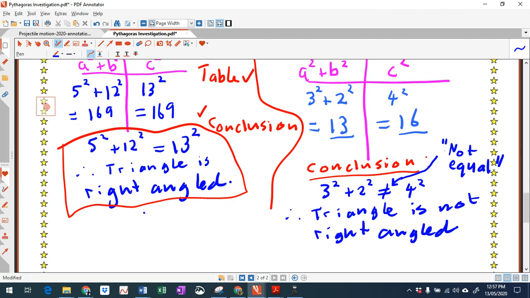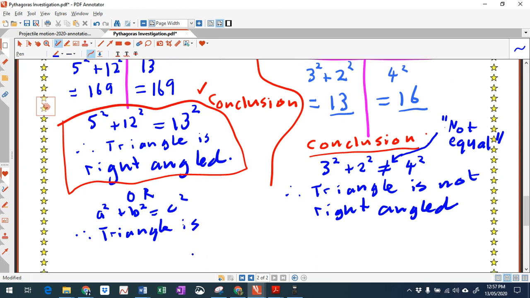Another way you could have written the conclusion, you might see this in some textbooks. So an alternative conclusion to this would be a squared plus b squared equals c squared. Therefore, triangle is right angled.